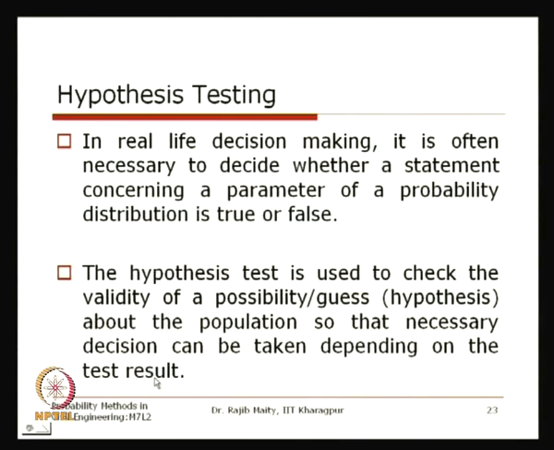Suppose, for example, I take one civil engineering real life scenario: I am estimating the strength of concrete, and for a specific requirement I need the strength to be greater than some threshold value that we know. Now, how do we test that? We have to take some sample and get, say, some sample mean.